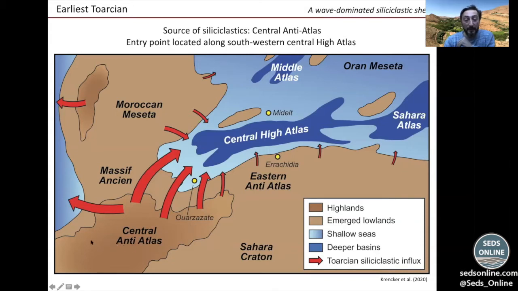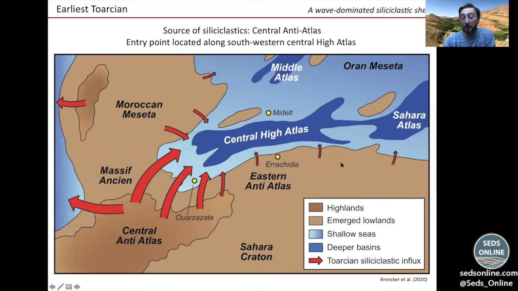And this is due to the fact that to have siliciclastics in a basin, you need a lot of water to transport them, but you also need to have mountains to be eroded to provide the siliciclastic material. And we know from apatite fission track studies that have been done in Morocco quite extensively that in the eastern Anti-Atlas, there was probably no uplift at that time. So there was no mountain.